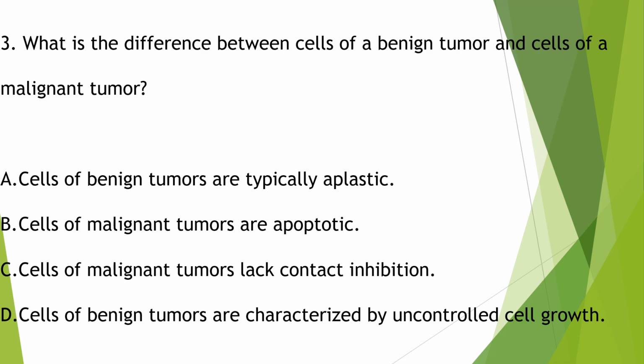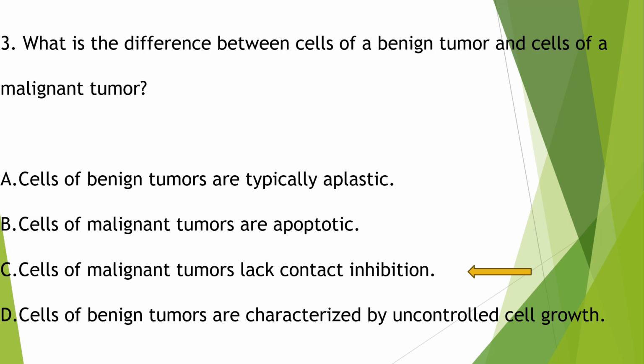Then the first option, cells of benign tumors are typically aplastic. Aplastic means defective development. Defective development happens in malignant tumors. It doesn't happen with a benign tumor. So the answer is that cells of malignant tumors lack contact inhibition.